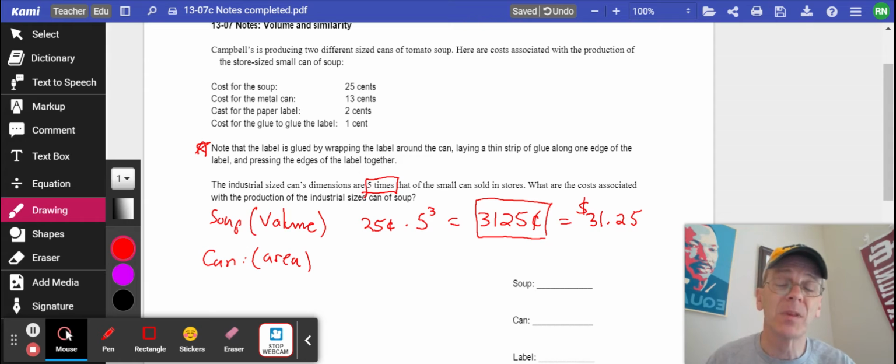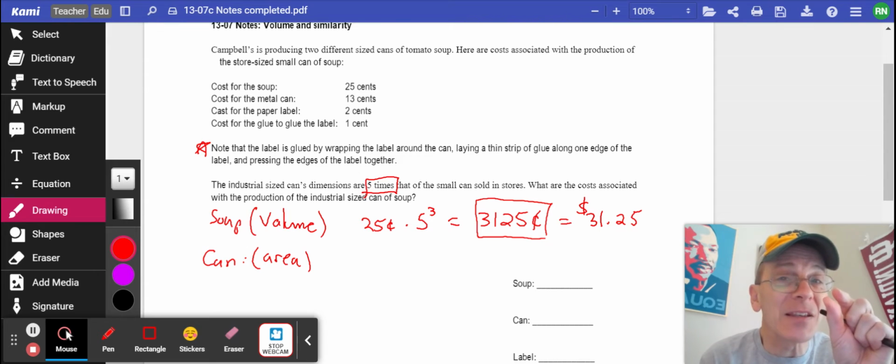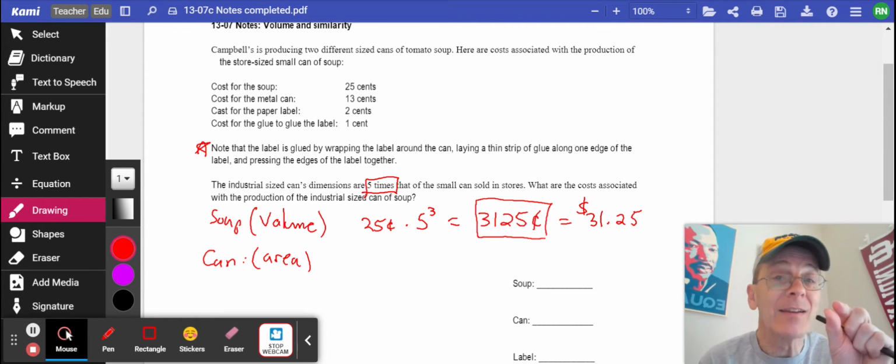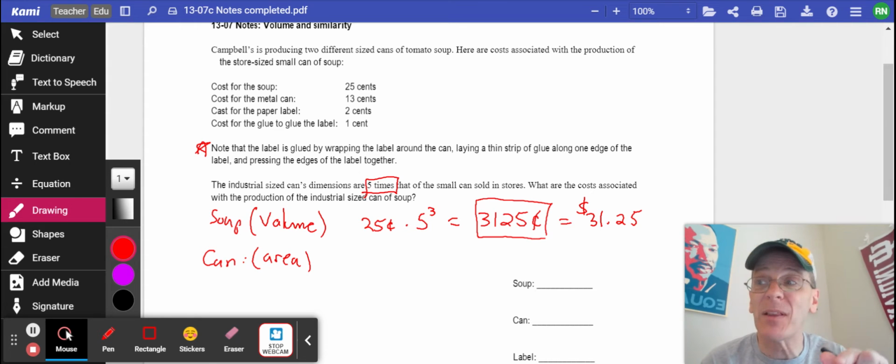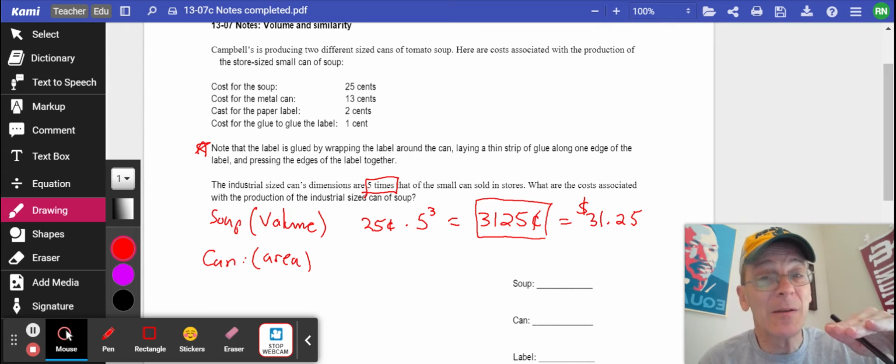I mean, if you're really, really sharp, you might be thinking to yourself, yeah, but Mr. Nortillo, the metal isn't really theoretically totally flat. I mean, there is a thickness to the metal, even though it's super, super thin. There still is a thickness. I mean, there's a thickness to a sheet of paper, right? It's super thin, but there is a thickness to it, right?